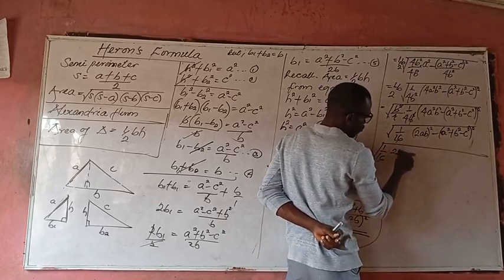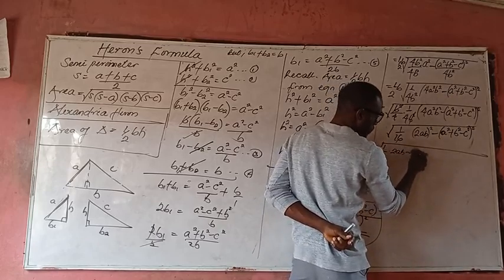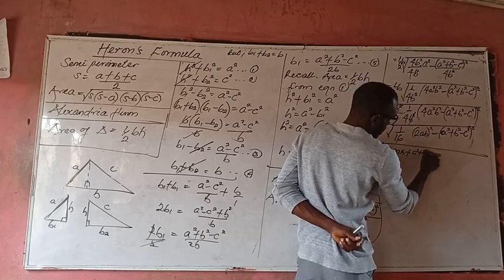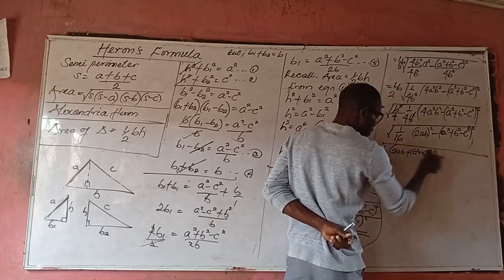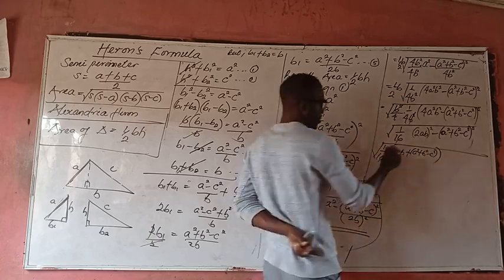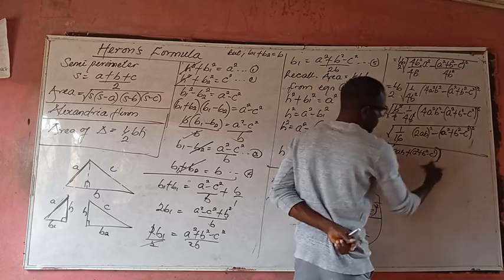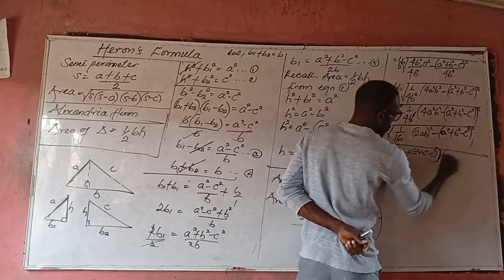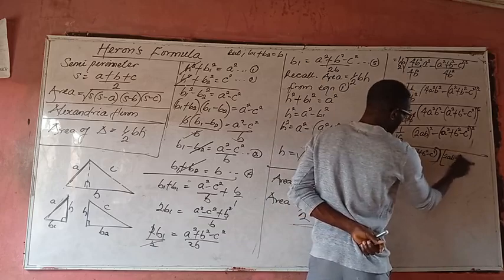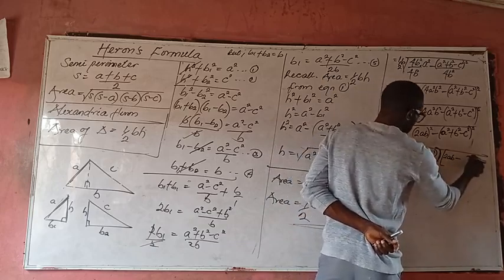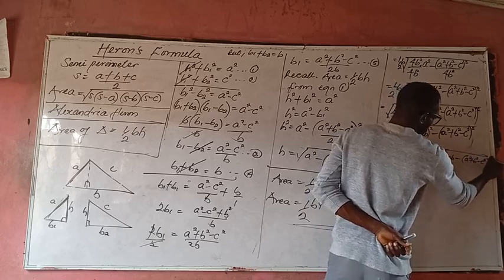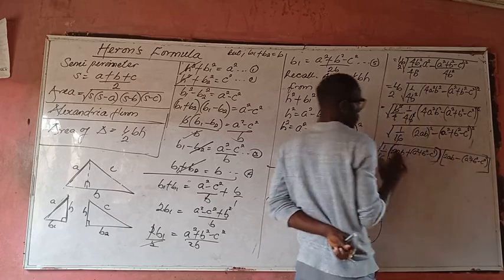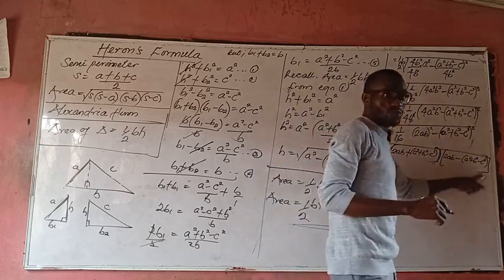So here it's going to be 2ab, which is the first term, plus a squared plus b squared minus c squared. Makes sense? We should use square bracket here. And 2ab again, but this time minus a squared plus b squared minus c squared. Not squared again. This is now difference of two squares, you understand?